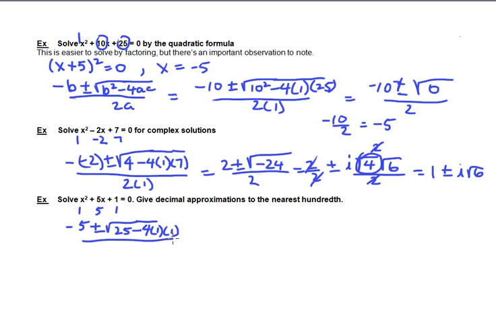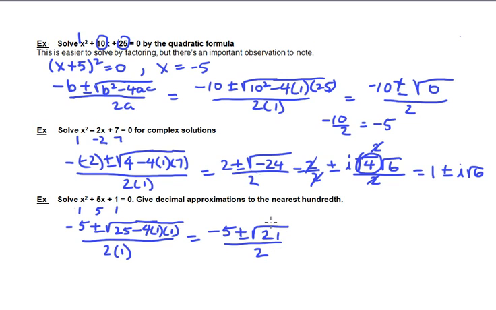Whole thing divided by 2a, so that's going to be 2 times a positive 1. So simplifying this, we end up with negative 5 plus or minus the square root of, and then 25 minus 4 gives us a positive 21, whole thing divided by 2.